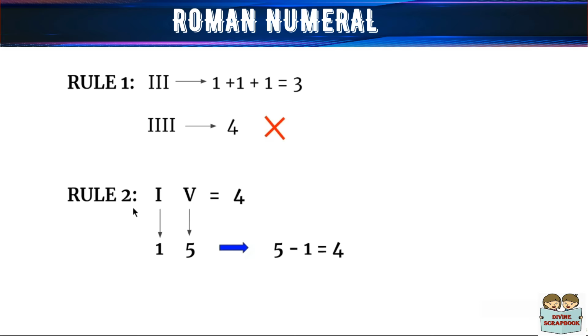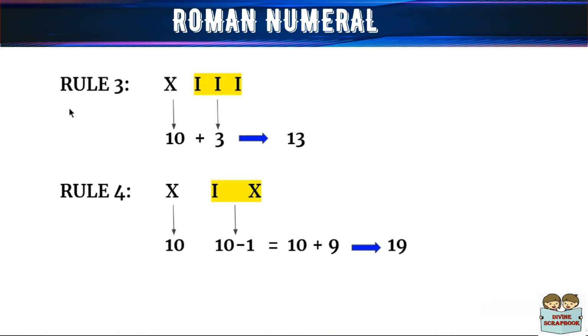Yes, when we write the smaller number in front of the bigger number it is subtracted. So how will we write 4? We cannot repeat I 4 times. We will write V and write I in front of V. Here I stands for 1 and V is 5. So 5 minus 1 will give you 4.